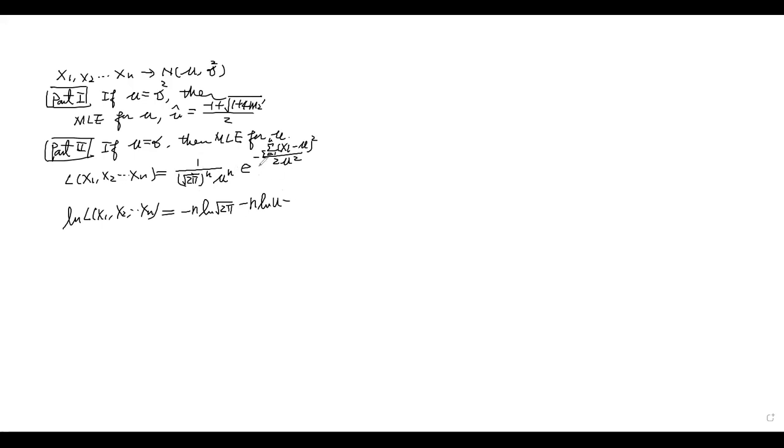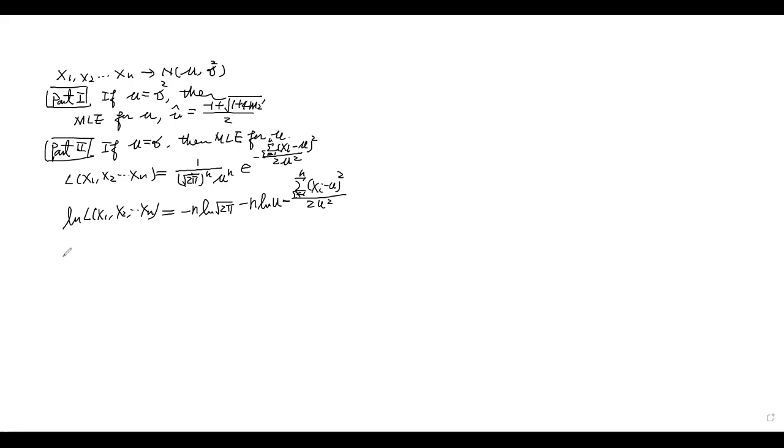Then here, ln and e cancel out, so it will just be minus the summation i from 1 to n of xi minus mu squared, over 2 mu square.